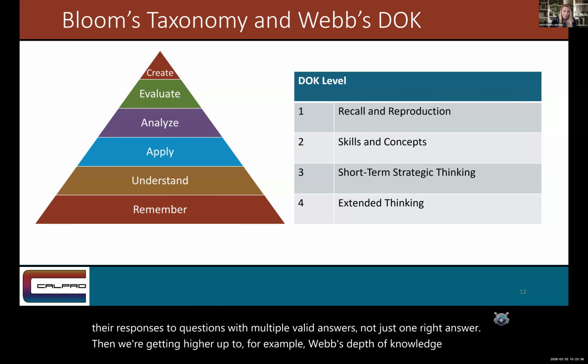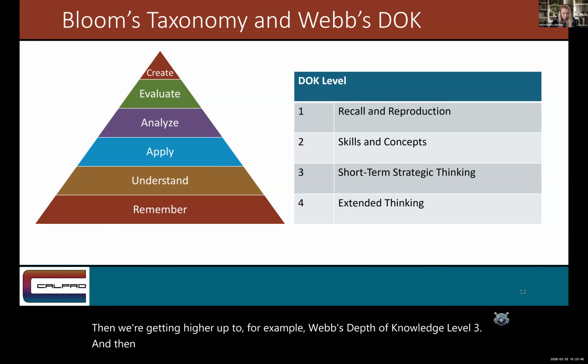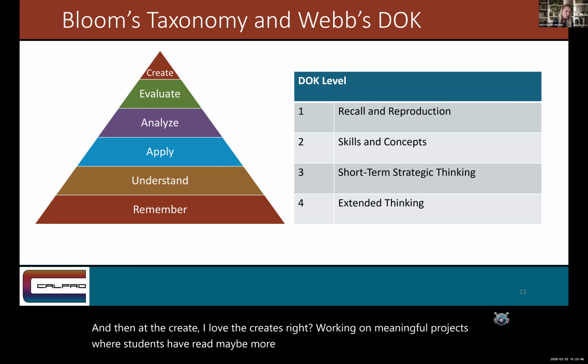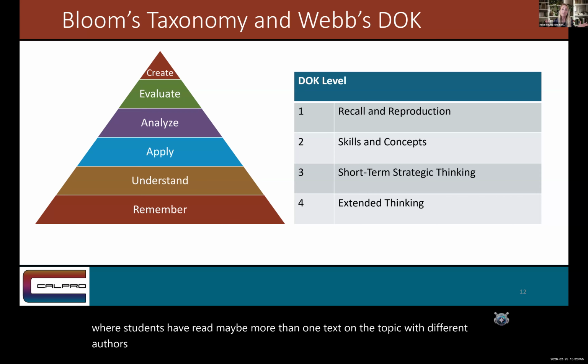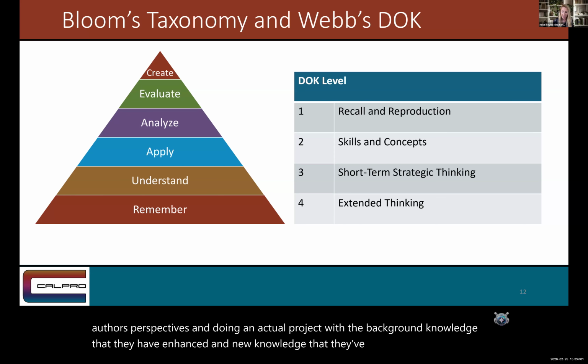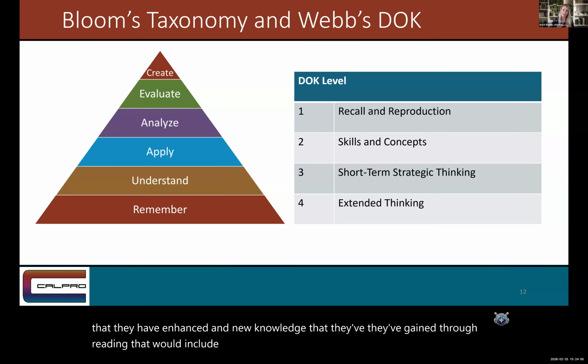And then at the create, I love the create, right? Working on meaningful projects where students have read maybe more than one text on a topic with different authors' perspectives, and doing an actual project with the background knowledge that they have enhanced and new knowledge that they've gained through reading. That would include extended thinking, as well as the synthesis of the ideas that they've read with different texts.